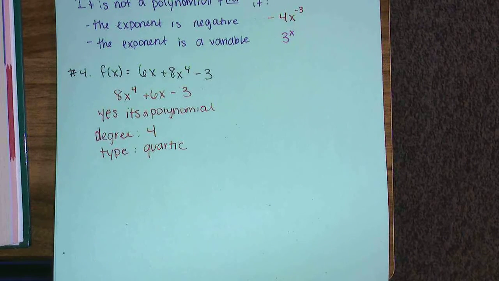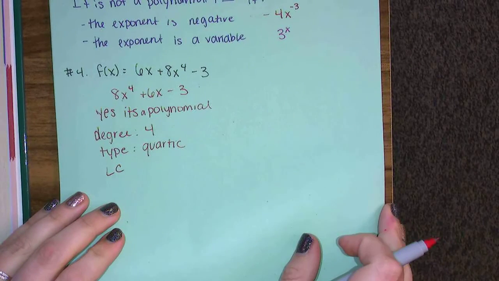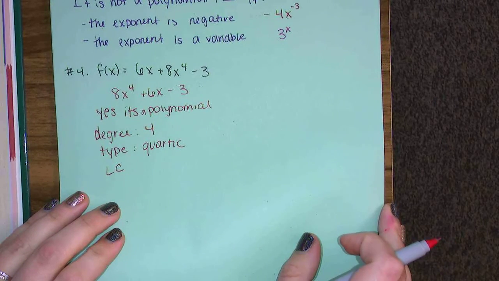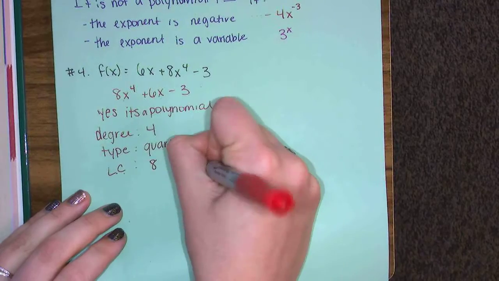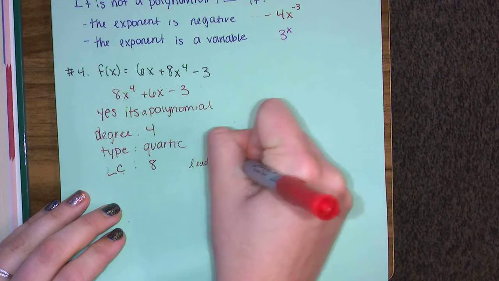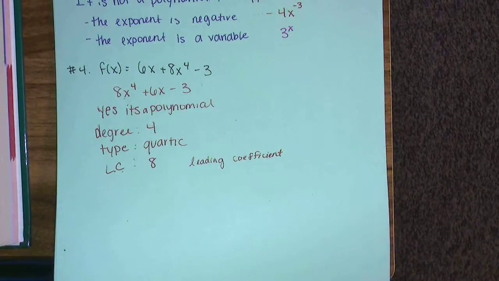Alright, and then leading coefficient. Okay, LC is leading coefficient. I just don't like to write out leading coefficient every single time, so I write LC.